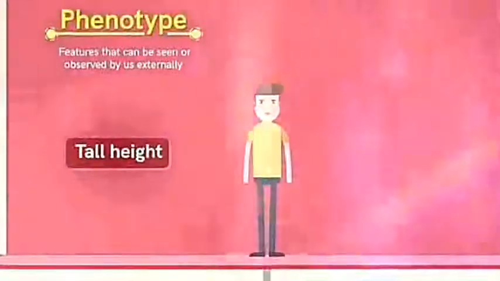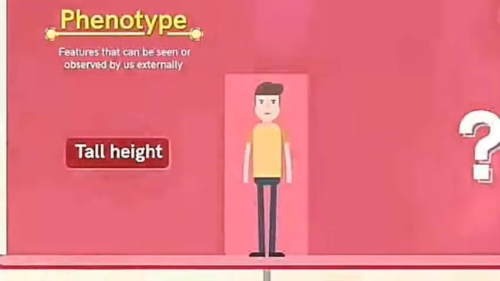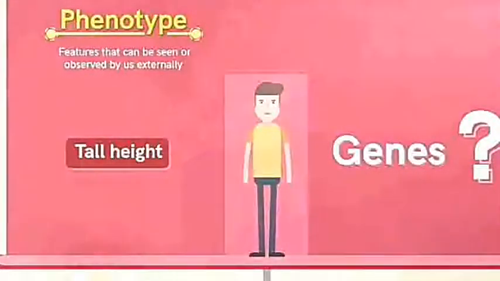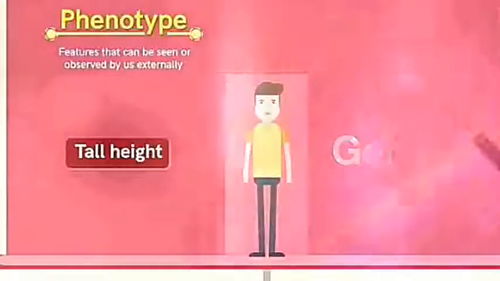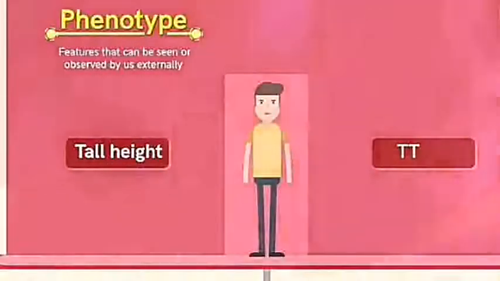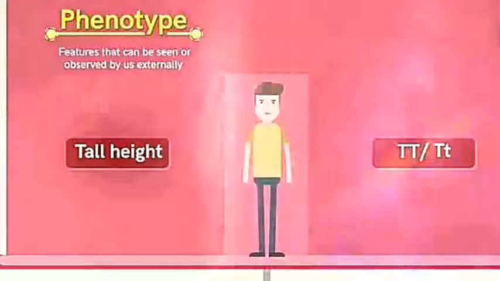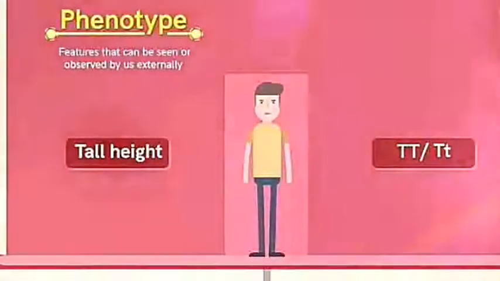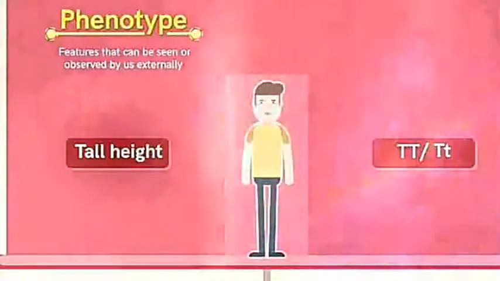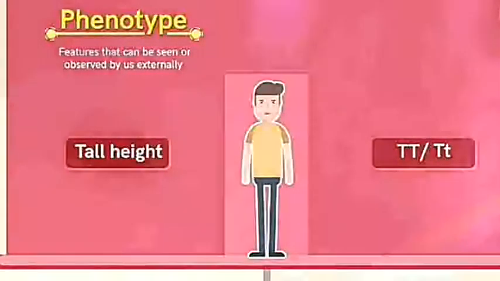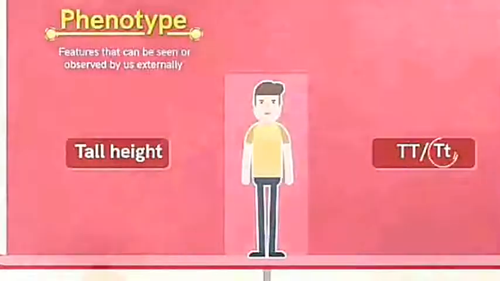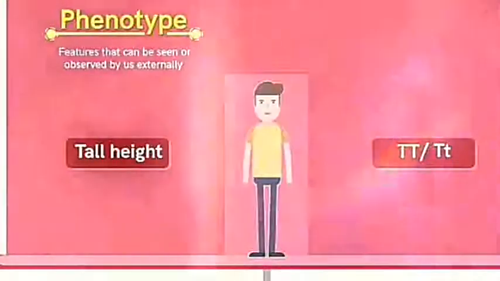This is because the gene for tall height could either be in form of homozygous or heterozygous. So a plant having two alleles for tallness and a plant having an allele for tallness and an allele for dwarfness will both look tall.